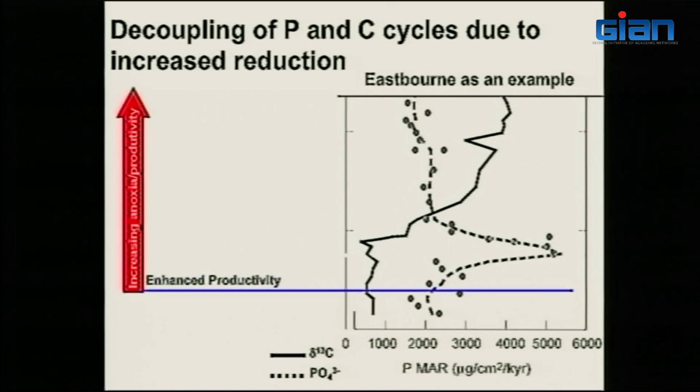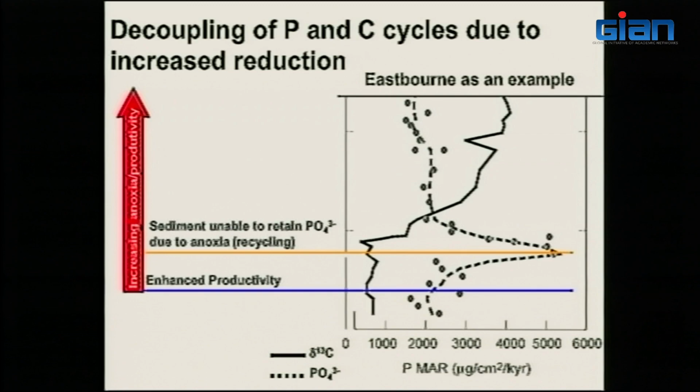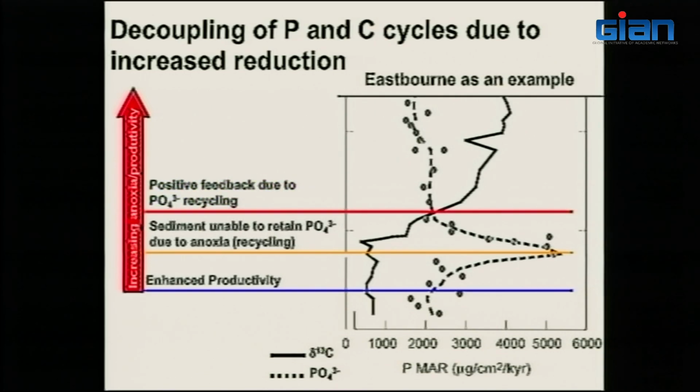You first enhance the productivity, and you have a peak in phosphorus corresponding to this peak in alteration, riverine input, runoff, increasing runoff. But afterwards, the sediments become completely anoxic and are really unable to retain phosphorus due to the fact that the sediments and the seafloor are completely anoxic.